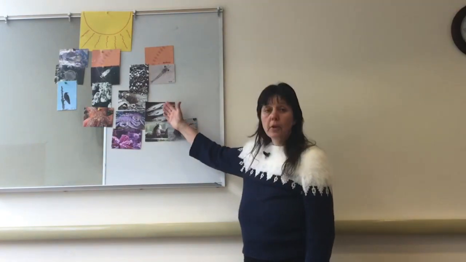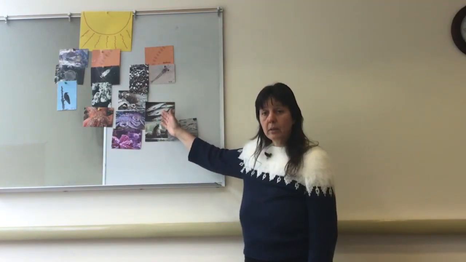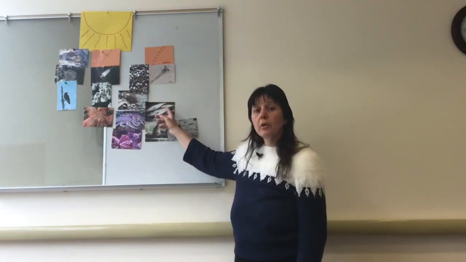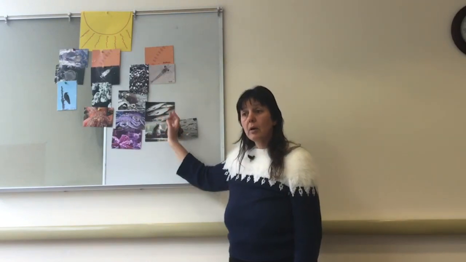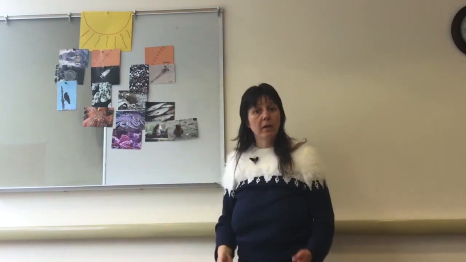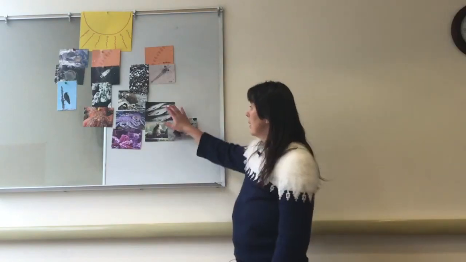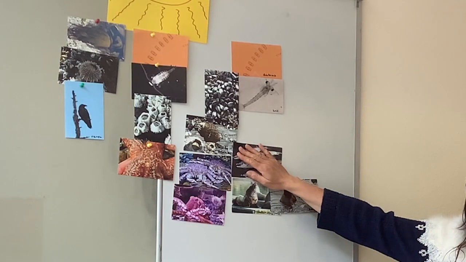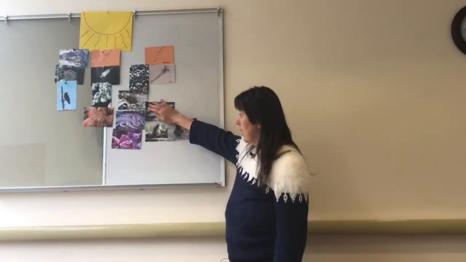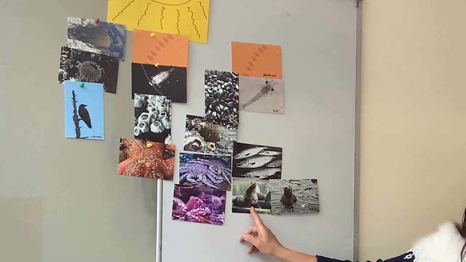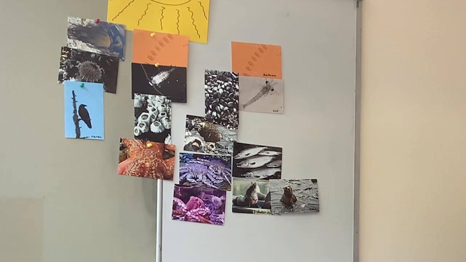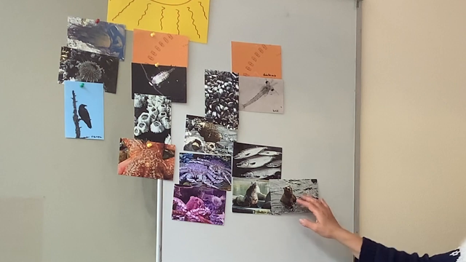What are they going to do? They will not find their prey. So they may have to go looking for something else to eat. And if they can't find enough other things to eat, there may be fewer coho salmon. If there are fewer coho salmon, the sea lions are going to have to look for something else to eat. And the bears are going to have to look for something else to eat.